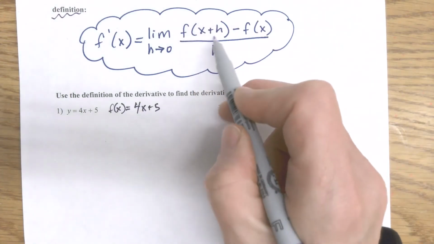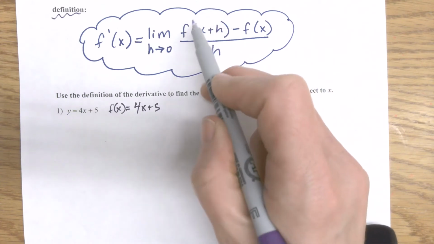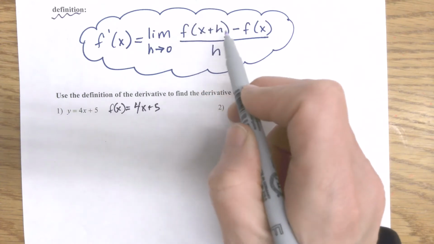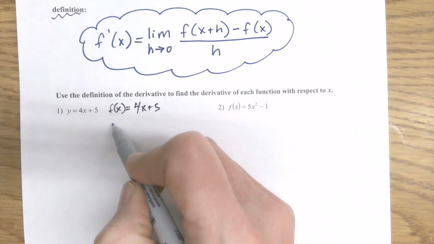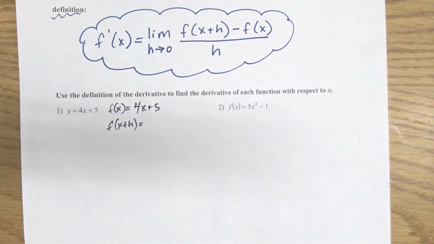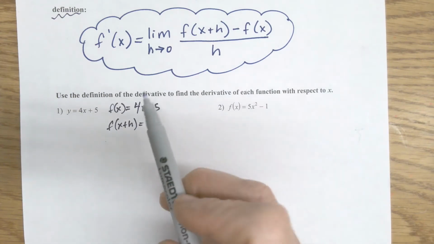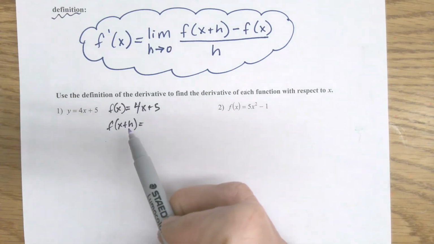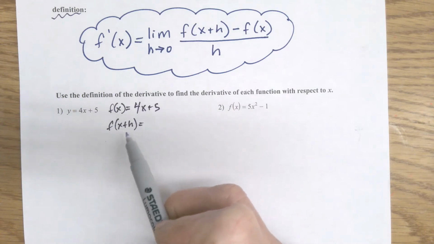Then I need to rewrite the function as f of x plus h. We remember from our first chapter, where we did a review of functions, that this just means replace x with x plus h.